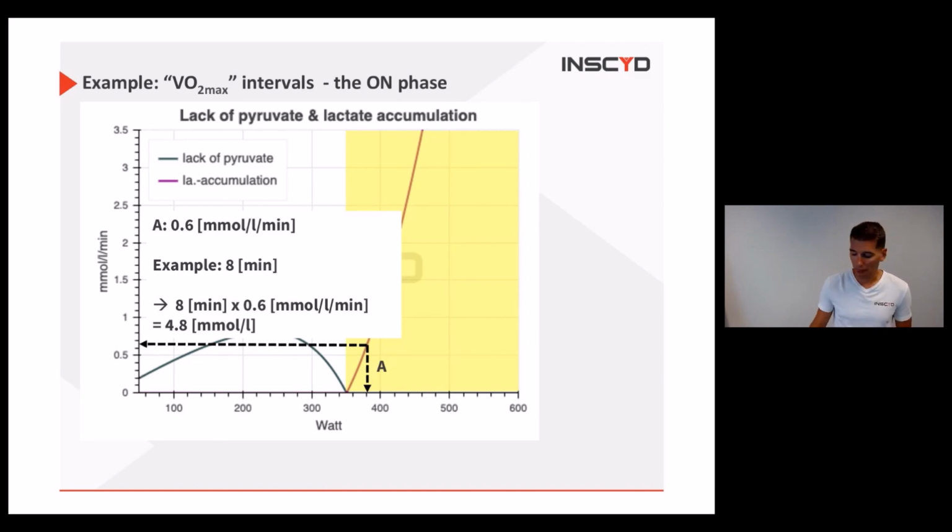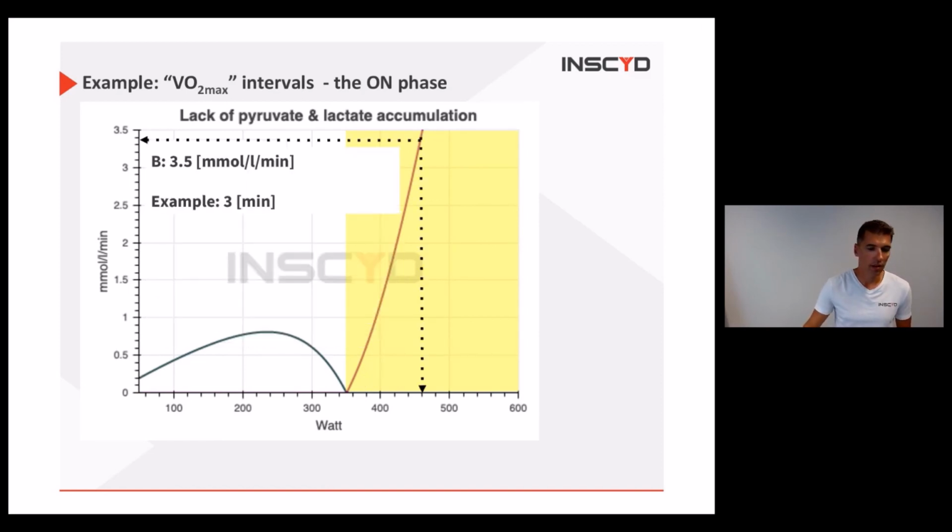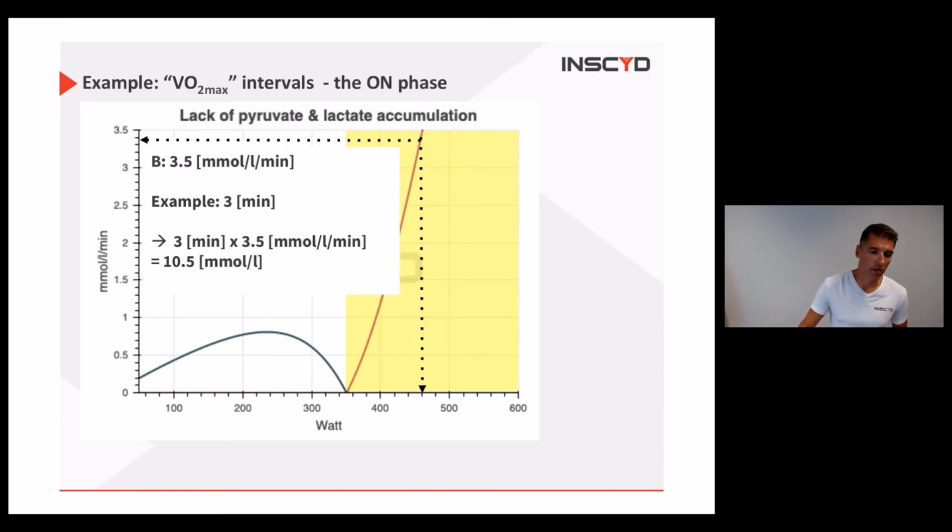Okay? So this is example A. Example B, let's say you ride there for 3 minutes. After 3 minutes, 3 multiplied by 3.5, the athlete will arrive at 10.5 millimoles, again, above baseline. Baseline, so resting lactate, or whatever it was before, 1.5, 2, whatsoever.